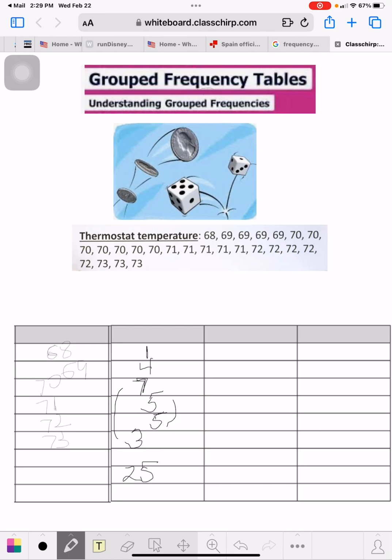Now we should write the headings on the top. We got a temperature, and we got a frequency, F-R-E-Q-U-E-N-C-Y, frequency. Now, cumulative frequency is the next one that goes in here.